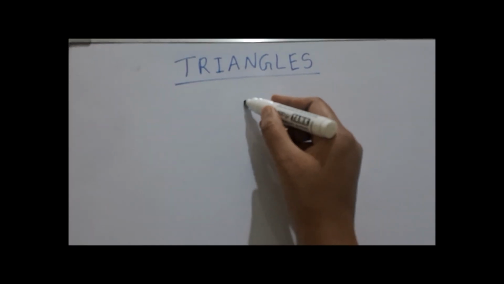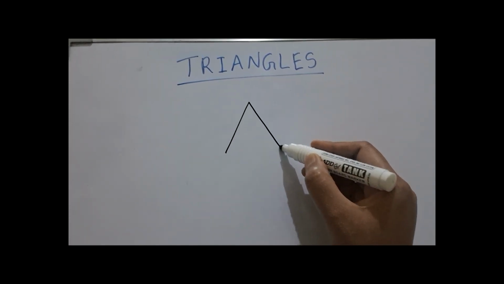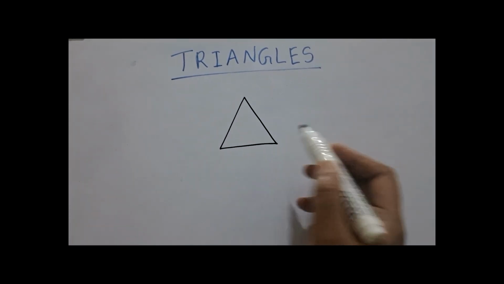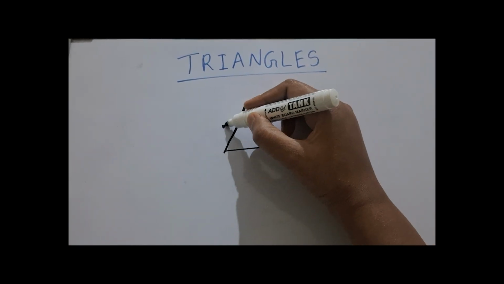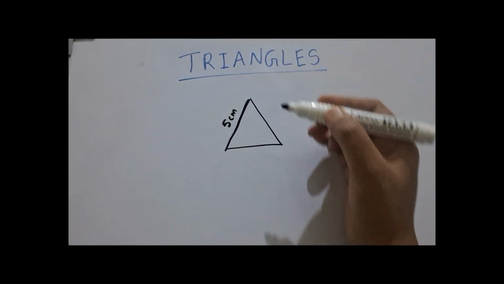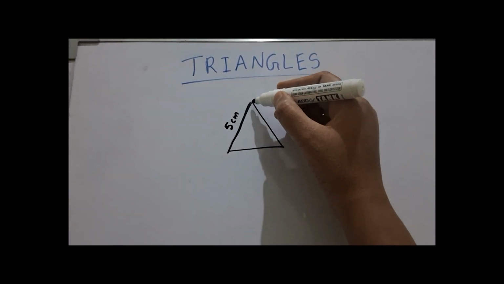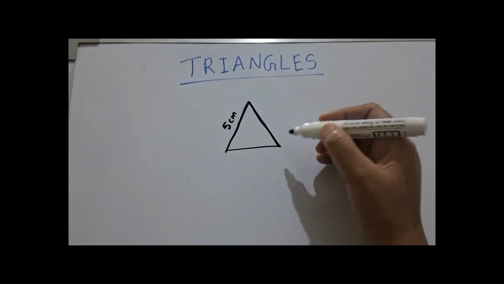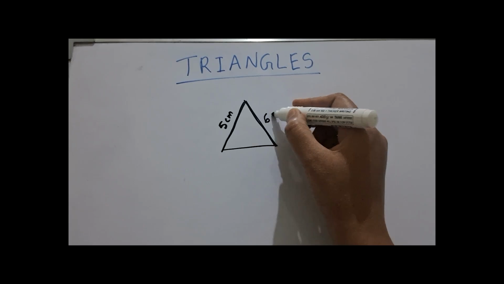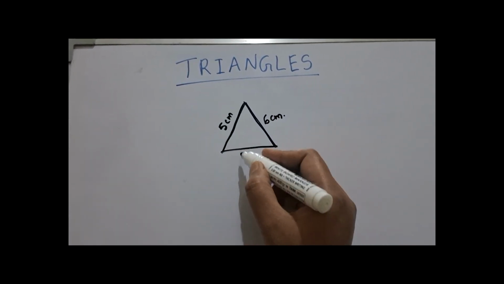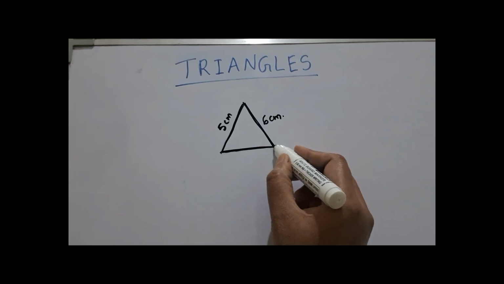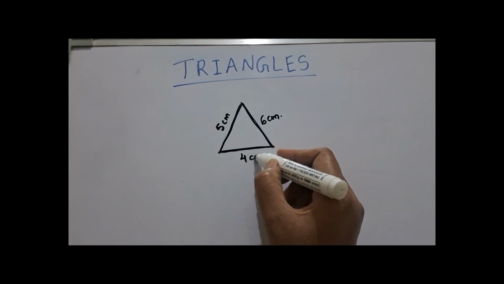Suppose, children, in a triangle, this side measures 5 centimeter. And this side measures 6 centimeter, and the length of this side is 4 centimeter.